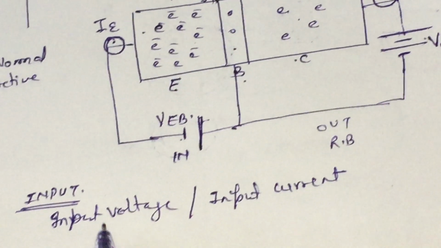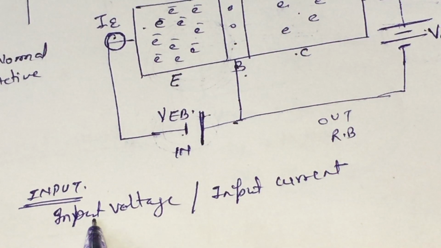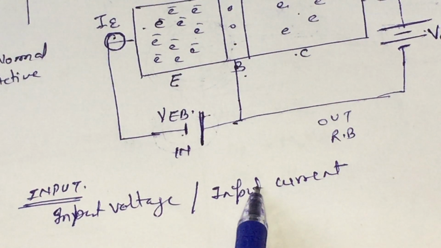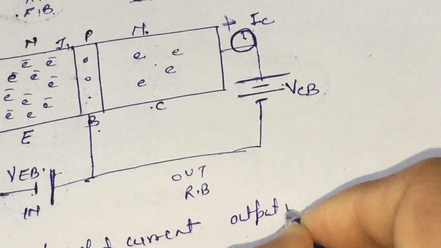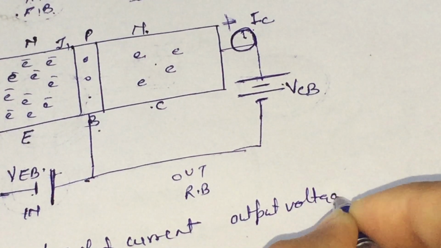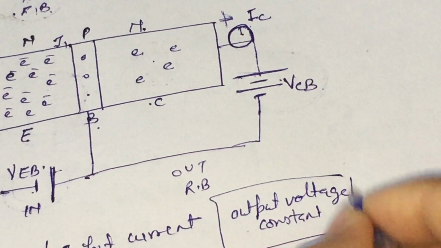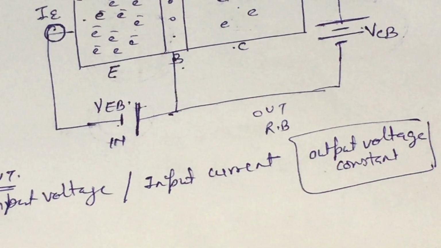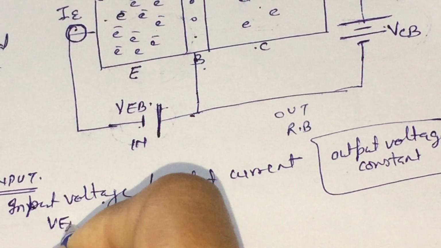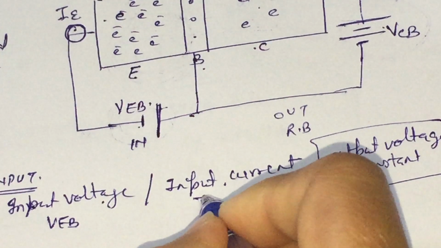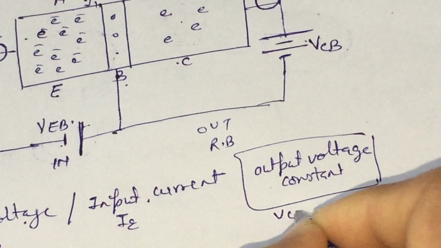To study the input characteristic, that is the graph between input voltage and input current, we will make the output voltage constant so that it will not affect the input current. Our input voltage is VEB, our input current is IE, and output voltage is VCB.